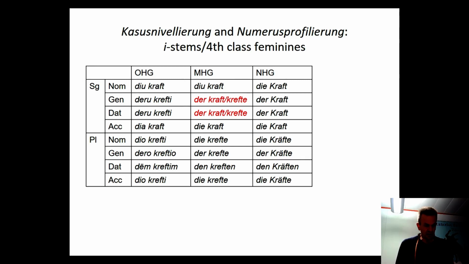Finally, the fact that umlaut has become an essential means of expression for the realization of the category number, which becomes increasingly prominent in New High German, can be shown by the third and fourth class neuters of Middle High German.